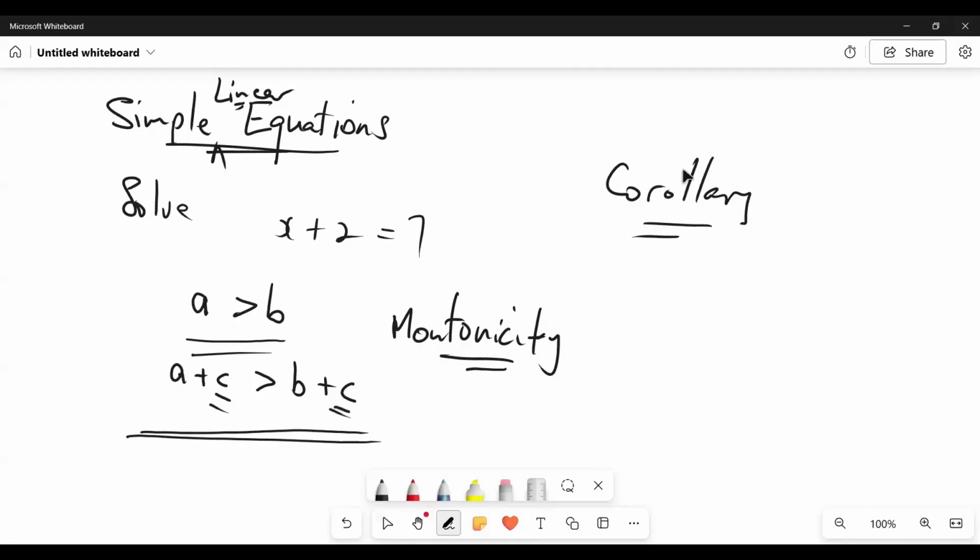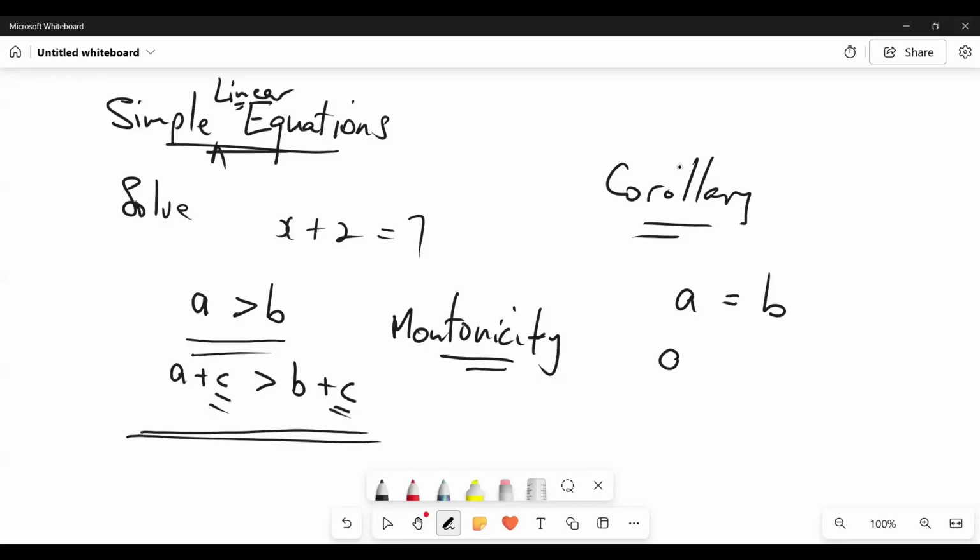So what we're seeing here is that, in a similar way, if you have A equals B, they can't be two distinct numbers; they have to be the same for them to be equal.